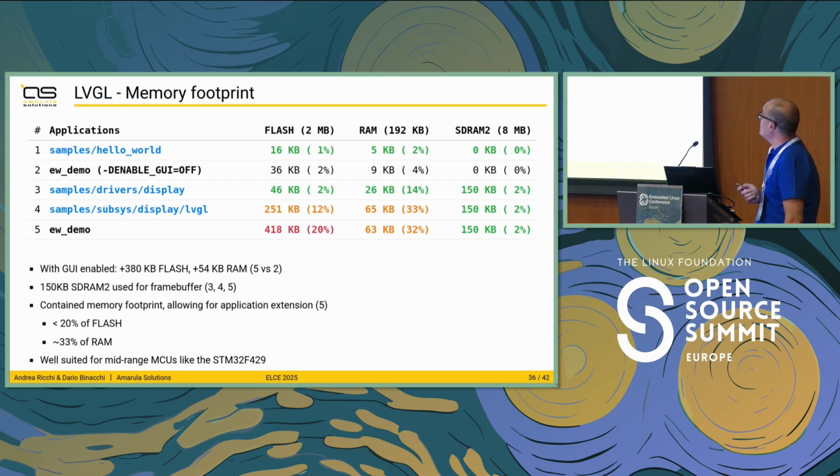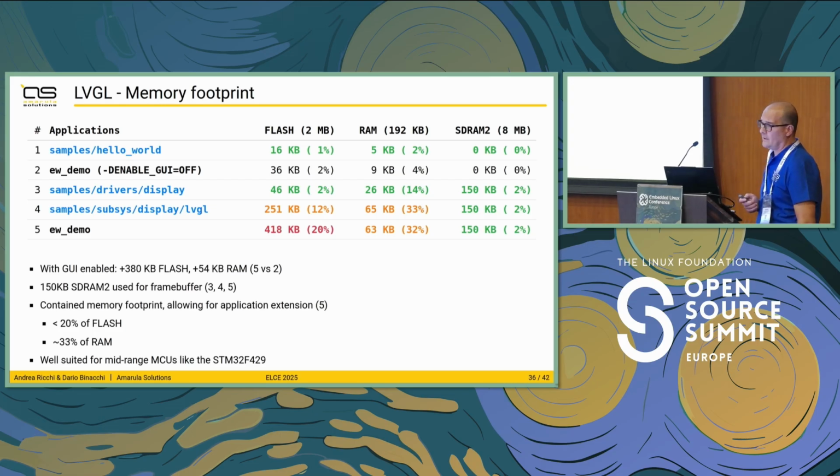Zephyr provides also a memory footprint analysis. This table compares 5 use cases, starting from a minimal example, that is the Hello World application, and moving on to more complex applications, some including the UI and others not.